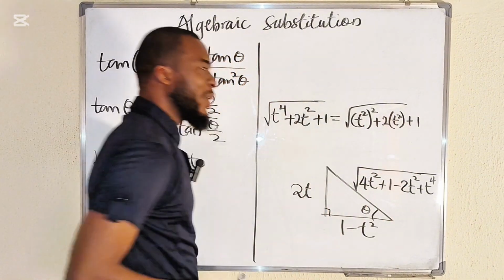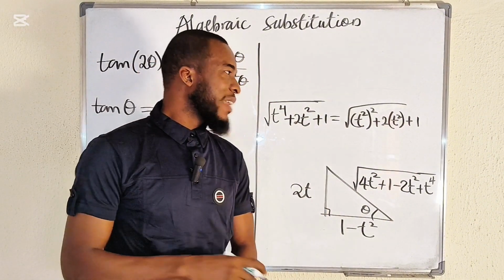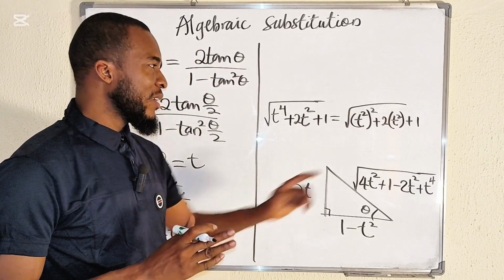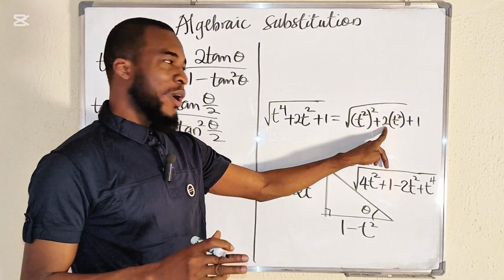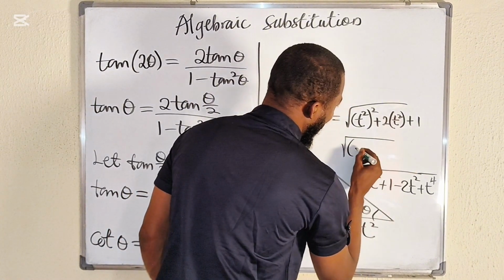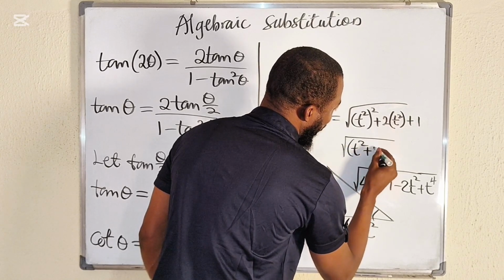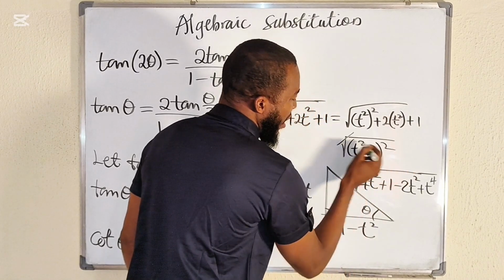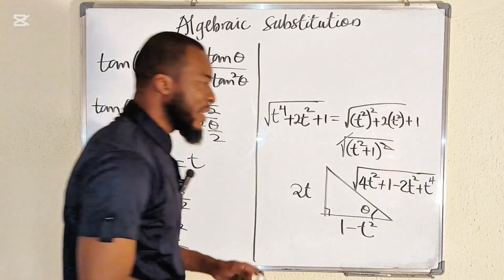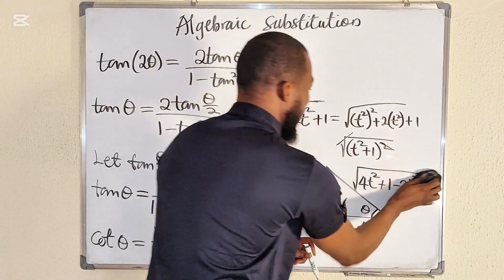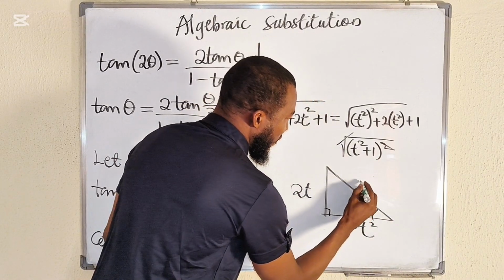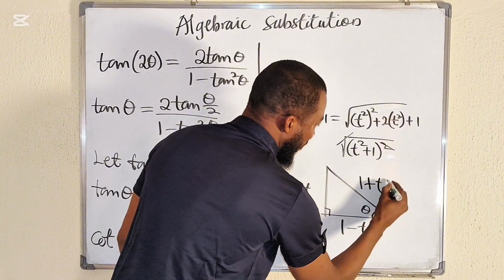Remember, we have 1 here, which is a quadratic expression in terms of t squared, and it is a perfect square because half of 2 is 1 and 1 squared is 1. So this is now finally equal to t squared plus 1 whole squared, and this power of 2 will eliminate the square root, leaving t squared plus 1. So therefore our hypotenuse is 1 plus t squared.